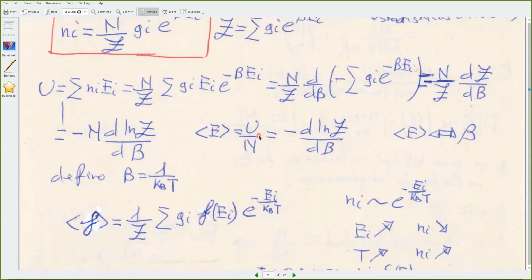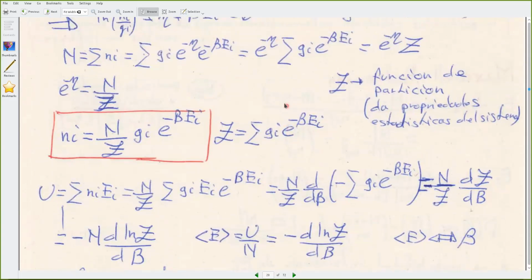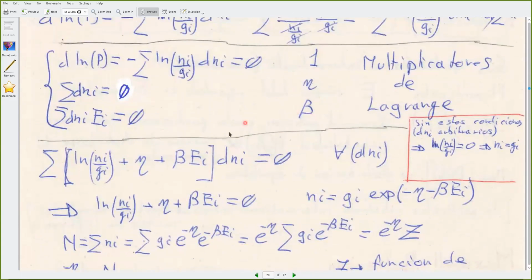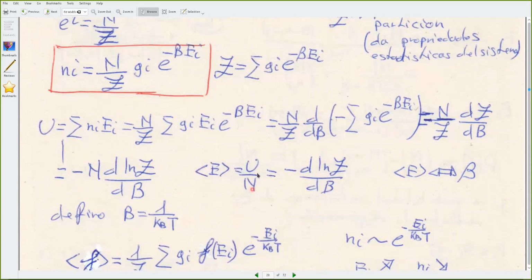This is nice. Then you see that beta, the Lagrange multiplier we use for the condition connected with the total energy, is connected at the end to the mean energy, which is minus the derivative of the logarithm of Z, the partition function, with respect to beta.